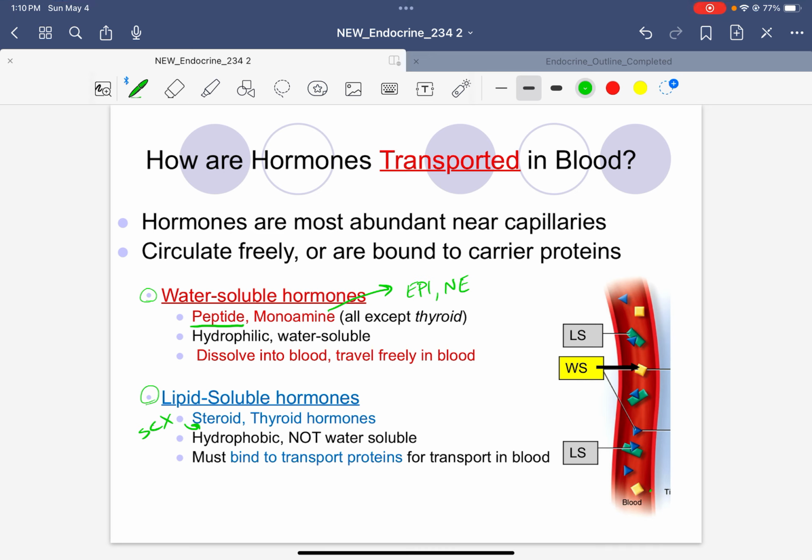They're not water soluble. So for them to be transported in the blood, they need a little transport protein or transport vesicle. And that's what this is showing you. The blue triangle is the hormone, and then this green little thing is the transport protein.